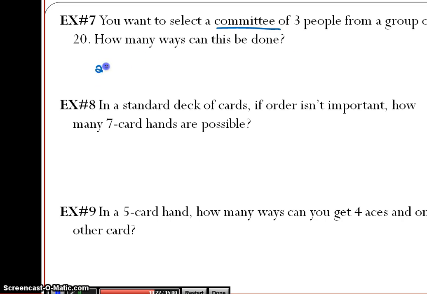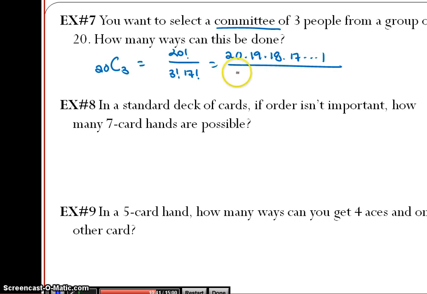So we have 20, and we're going to choose 3 of them, which is 20 factorial over 3 factorial times 20 minus 3, or 17 factorial. 20 factorial is 20 times 19 times 18 times 17, all the way down to 1. 3 factorial, 3, 2, 1. 17 factorial is 17, all the way down to 1.